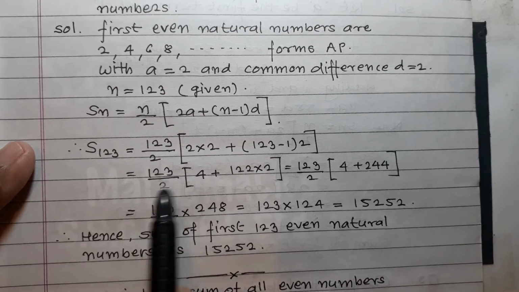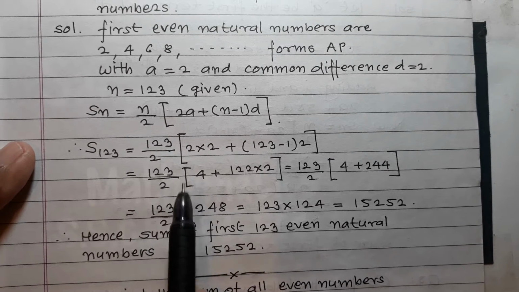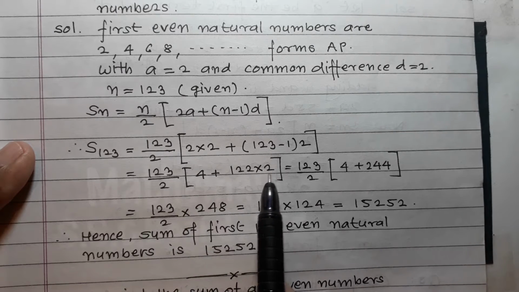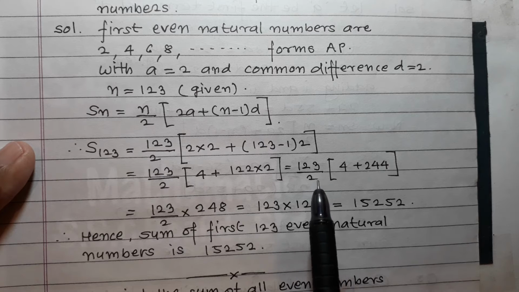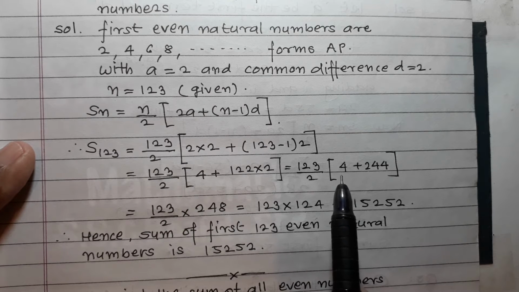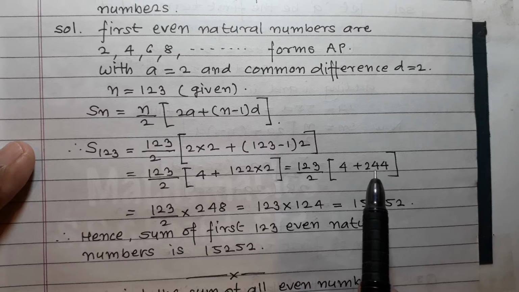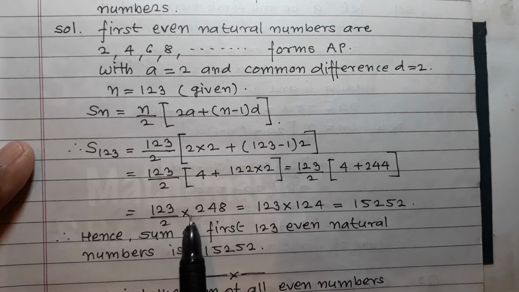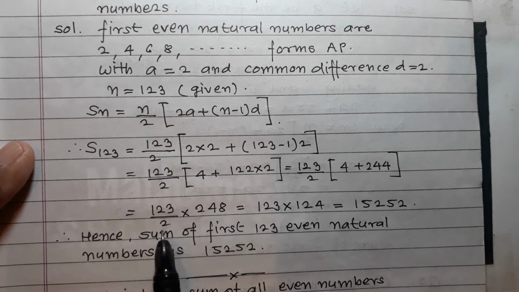Simplify: 123 upon 2 into bracket 4 plus 122 into 2, is equal to 123 upon 2 into bracket 4 plus 244, so is equal to 123 upon 2 into 248.